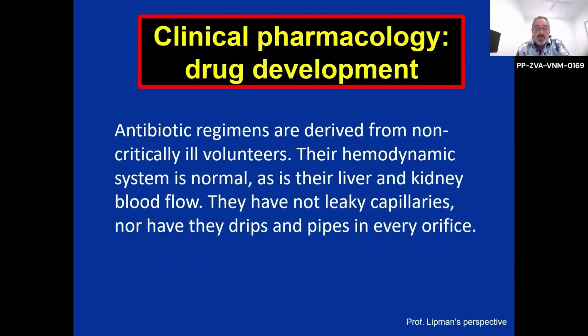In ICU, antibiotic regimens are derived from, as I said, non-sick human volunteers, but the ICU patients have much different liver and kidney function, and it is not the same pharmacokinetics as the original phase 2 studies.